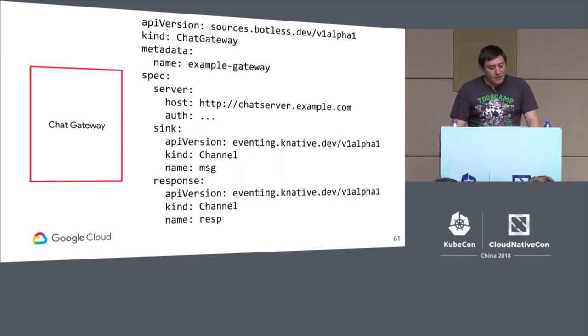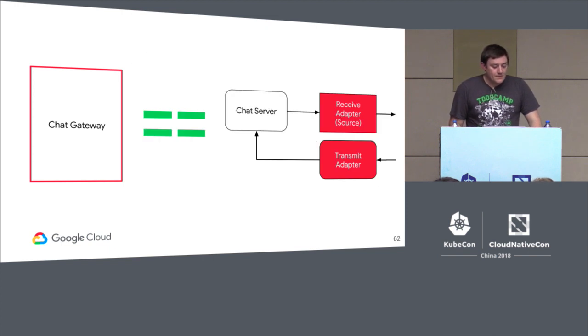And then we can create a chat gateway resource like this. We provide the remote chat server and the two channels that the gateway communicates with to the rest of Botless. And when the chat gateway is created, our custom controller makes sure that the source and the transmit adapter are created for us.